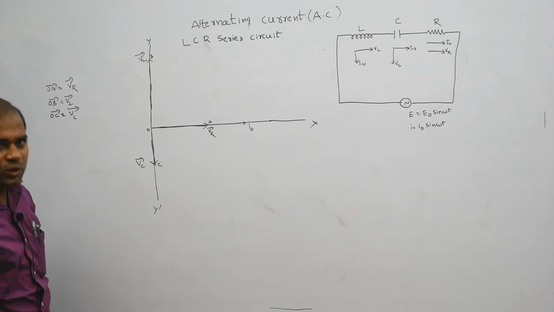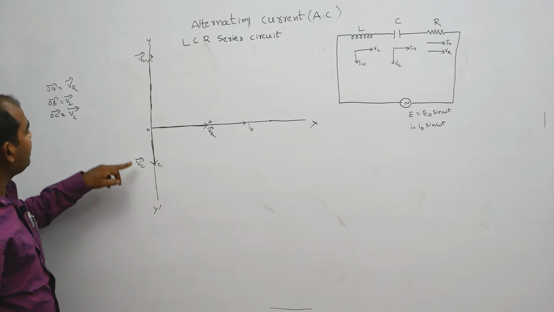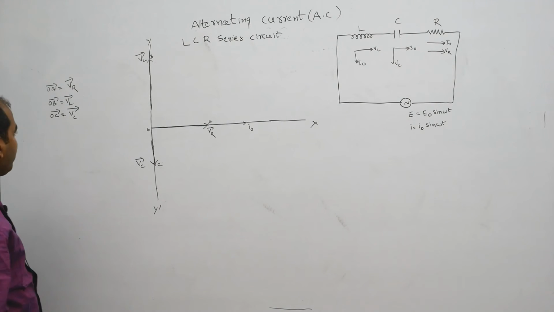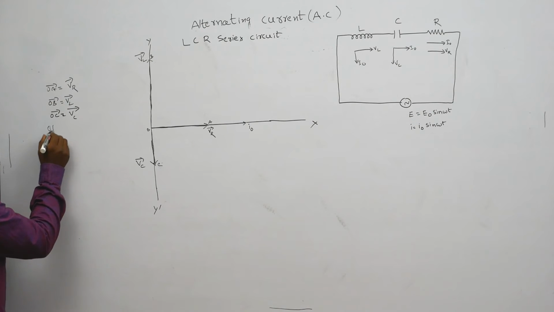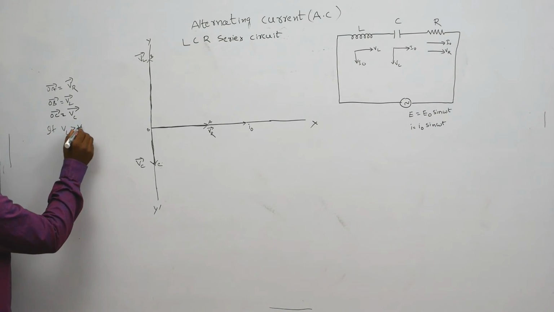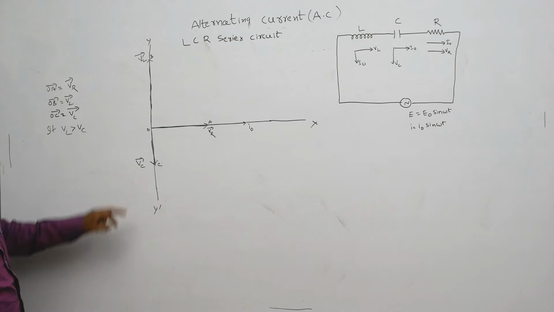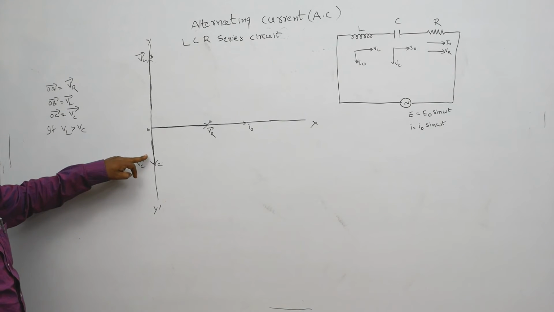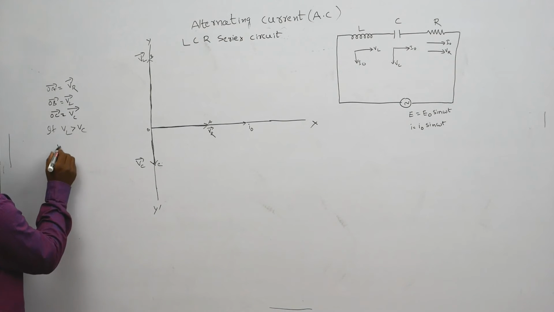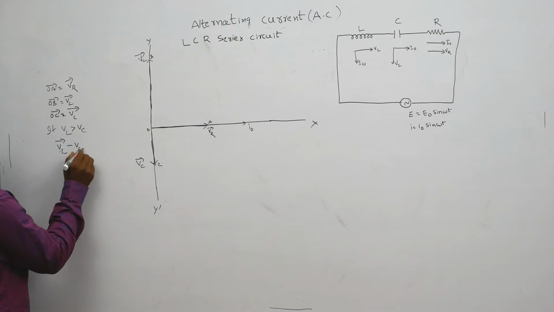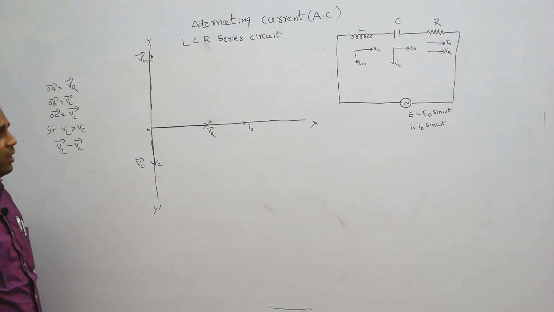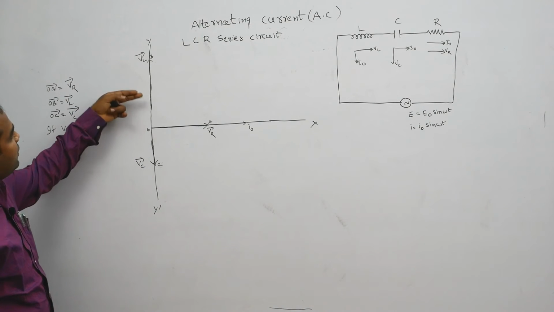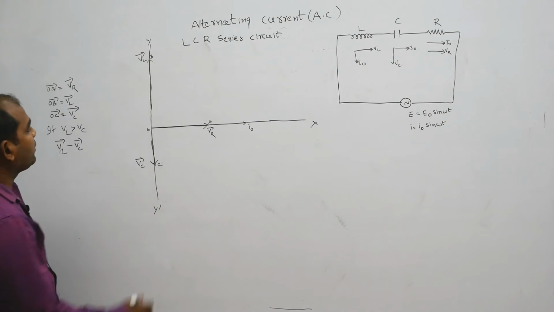As they are in opposite directions, what would be the resultant of VL and VC? Suppose VL is greater than VC, then the resultant of VL and VC, that means VL minus VC, the direction of this vector would be in the direction of VL.